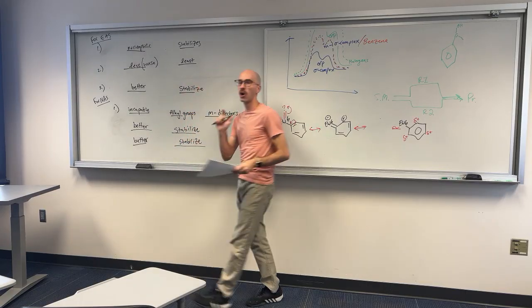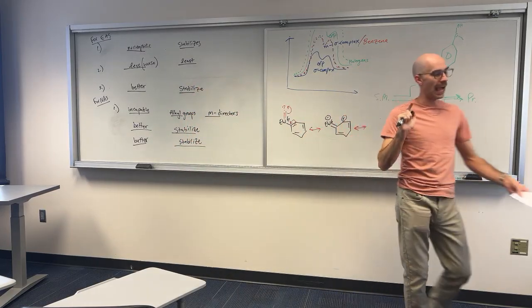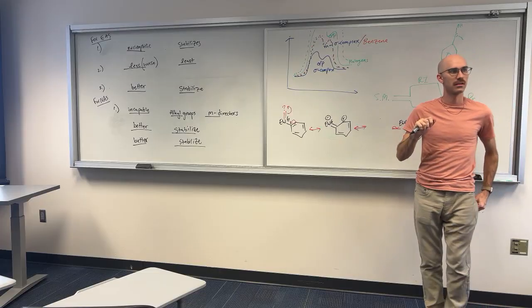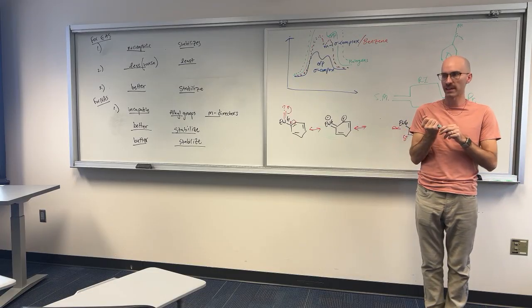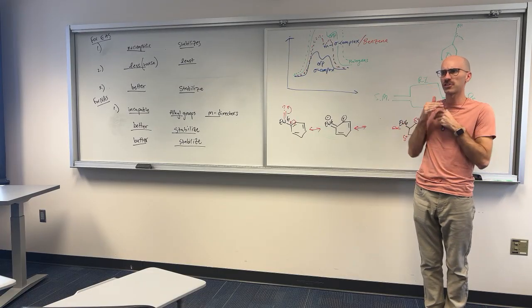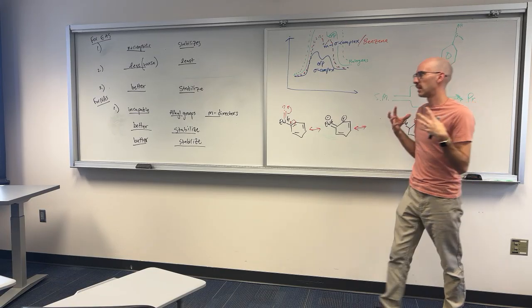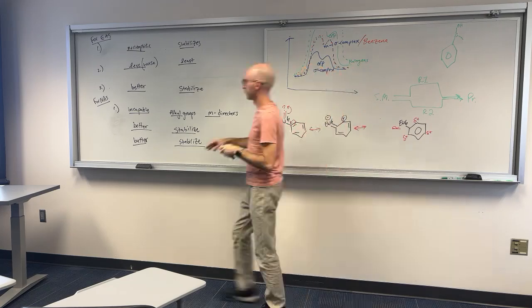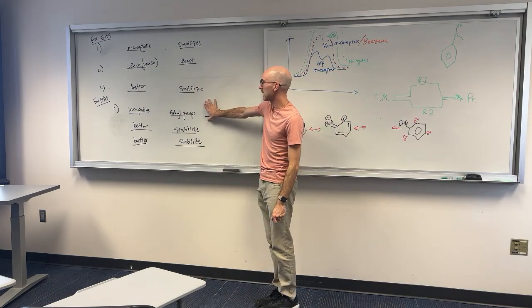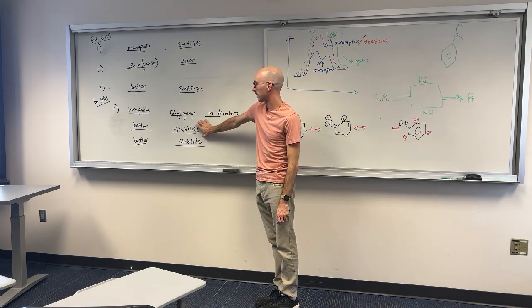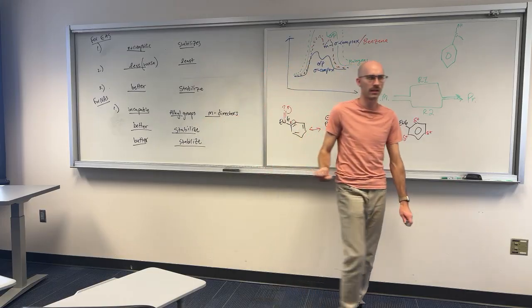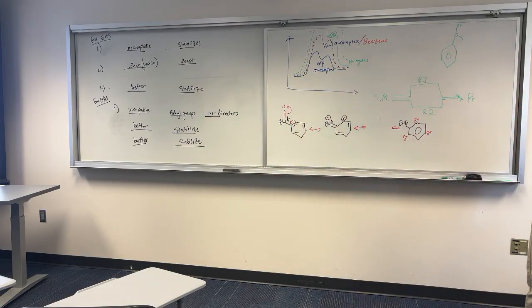Halogens are not activators for NAS in the same way that EDG is. This is why halogens are their own family. They're not quite like electron donating groups. They're not quite like electron withdrawing groups. They are kind of their own. All right.